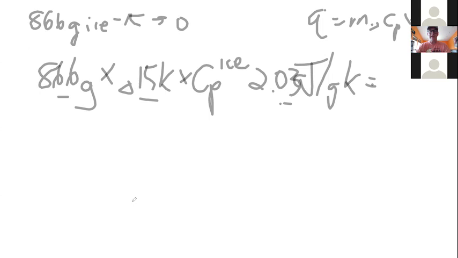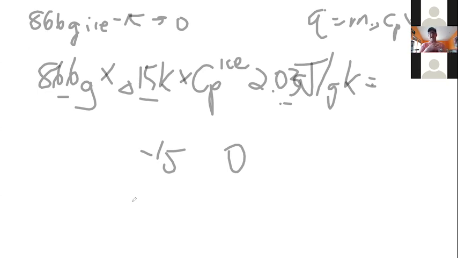Sean asked, shouldn't we change degrees to Kelvin? I'm saying you don't have to. How come? Because the change in temperature is the same whether it's in kelvins. Exactly. So I could change minus 15 to Kelvin. I could also change 0 to Kelvin.